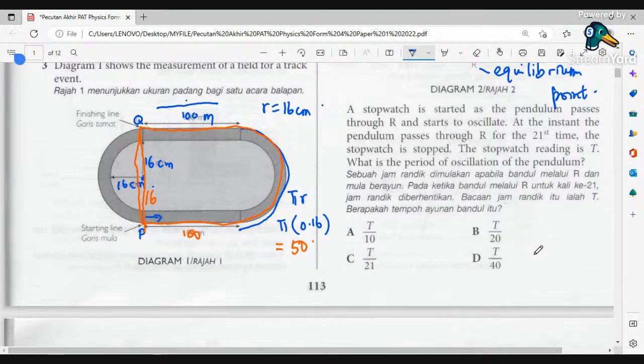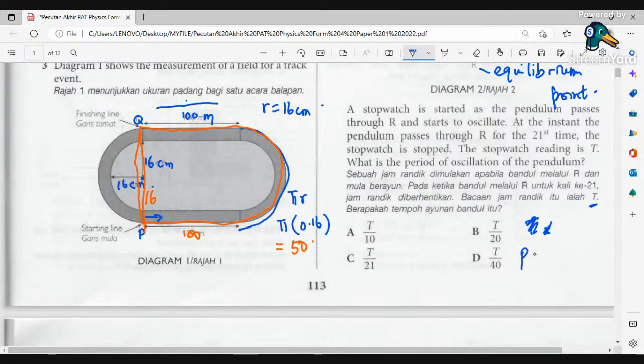So what is period? Okay, period is the time taken for one complete oscillation. Normally we just use the symbol T. But here they mention capital T is the time taken for 20 oscillation.